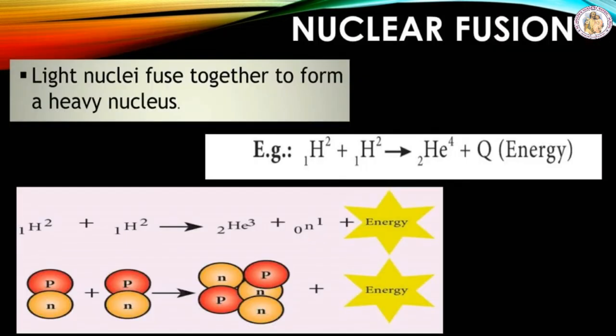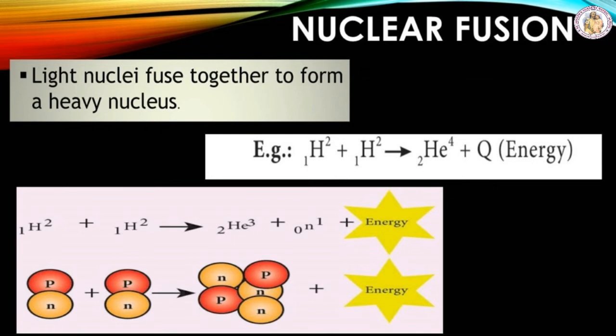What is nuclear fusion? The process in which two lighter nuclei combine to form a heavier nucleus is termed nuclear fusion. Fusion means combining. So two lighter nuclei combine to form a heavier nucleus. Let's see the example.